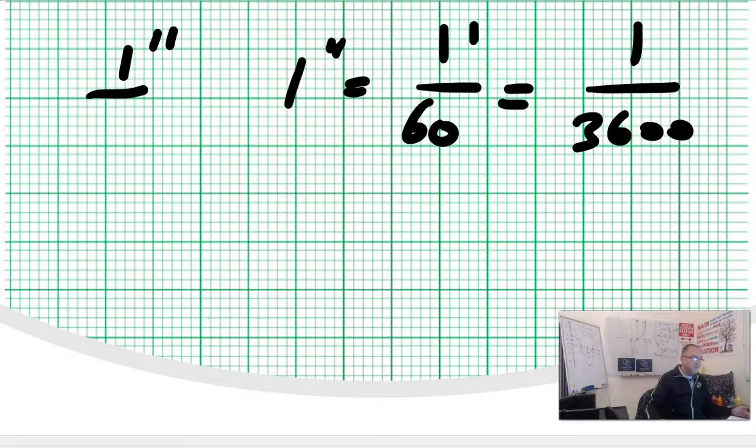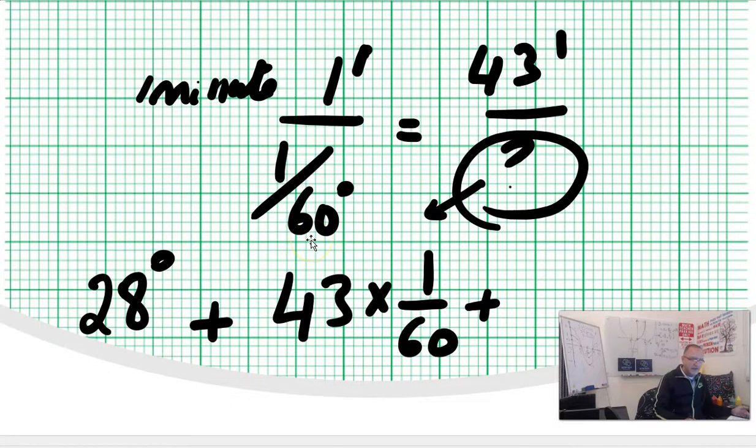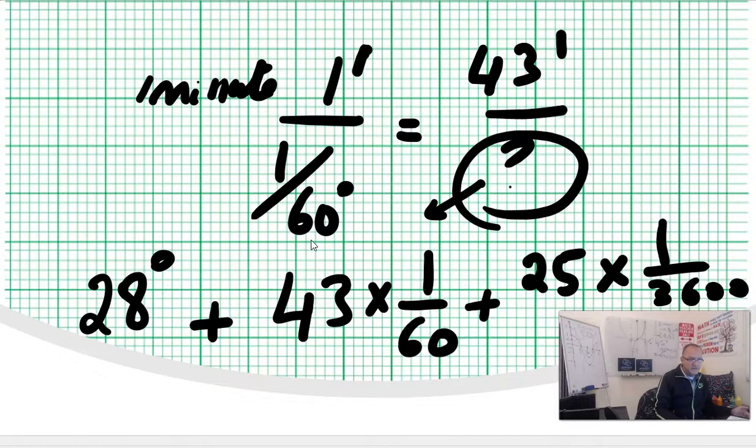I'm doing it this way to show you how not to memorize any of that. So 25 times 1 divided by 3600. Then you do the calculation and you get 28.72, I believe. Let me check.